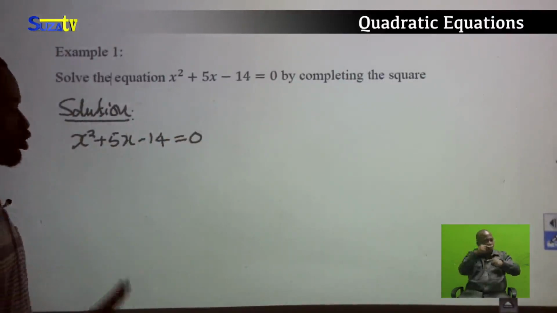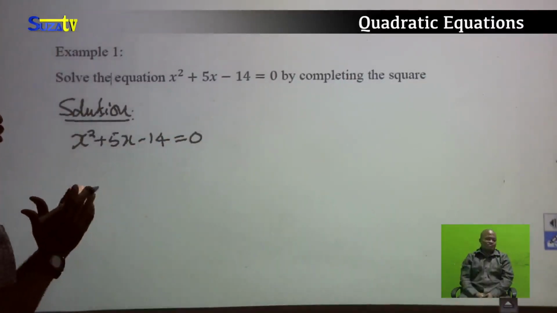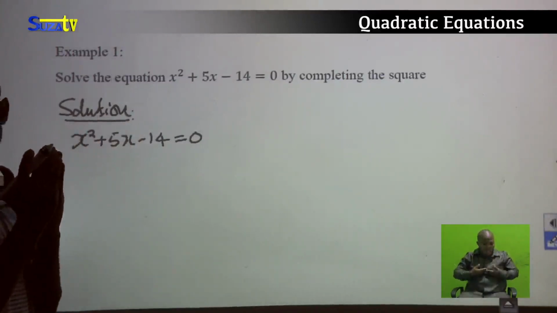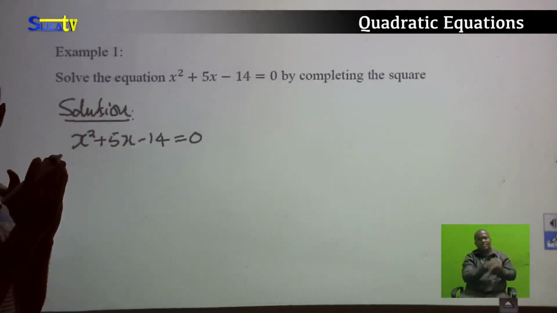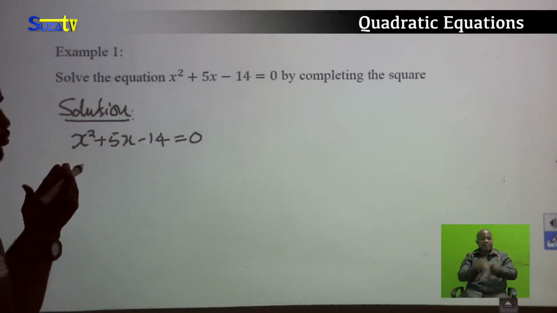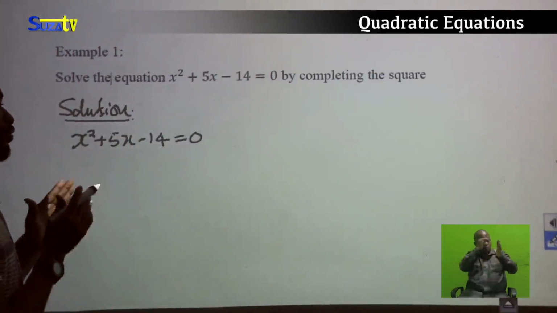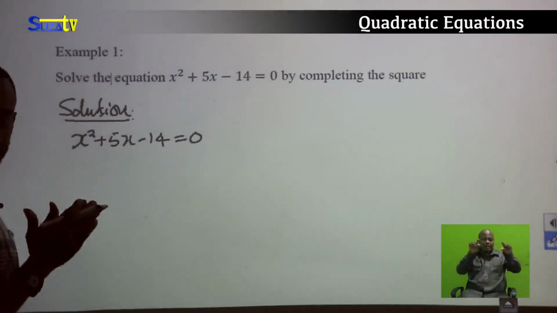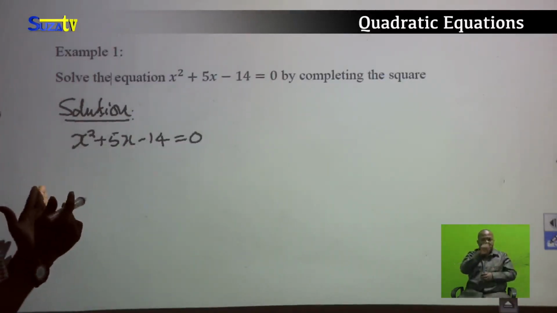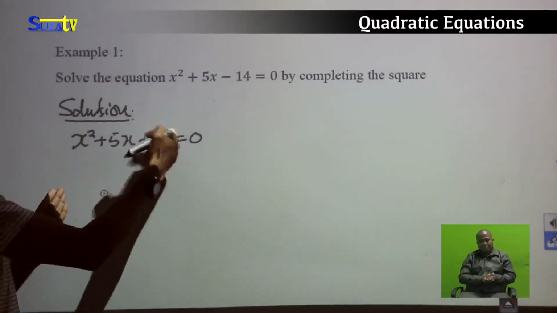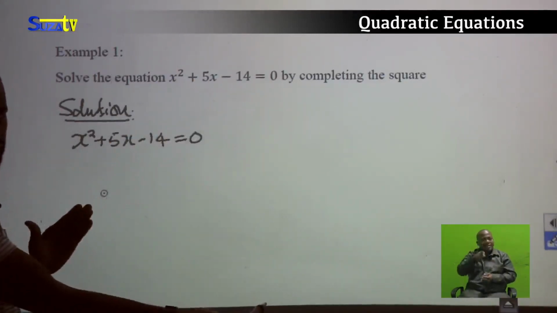Okay? So first of all, remember, we are supposed to have only this part, the part with the coefficients. So we have to rearrange the equation so that we only have x squared plus 5x on one side, and the constant number on the other side.